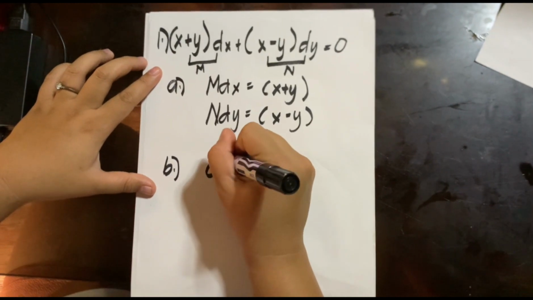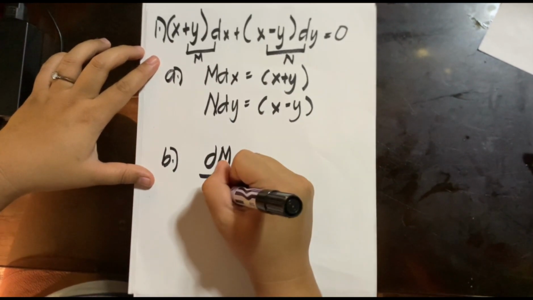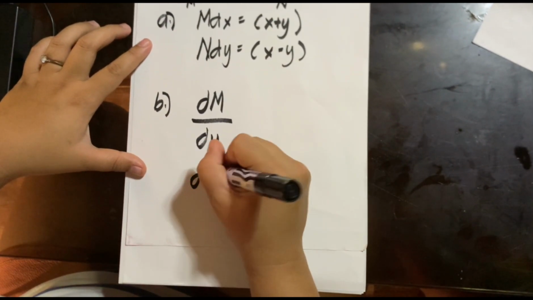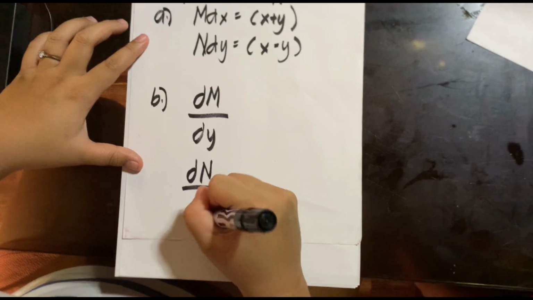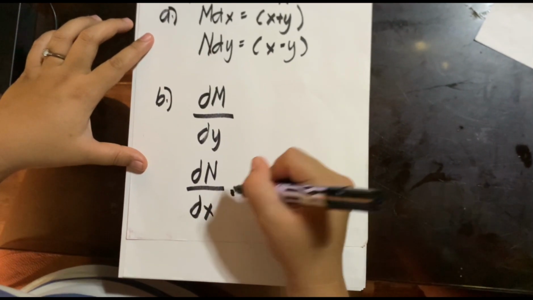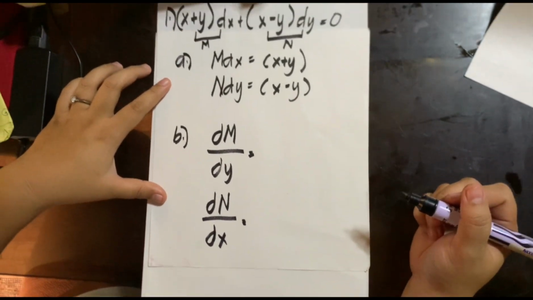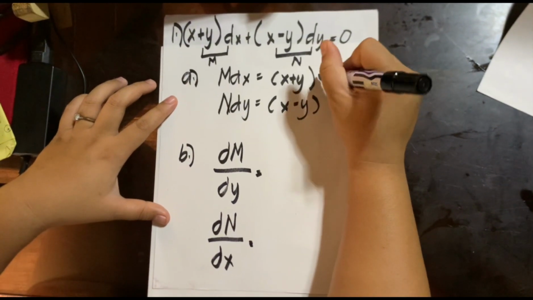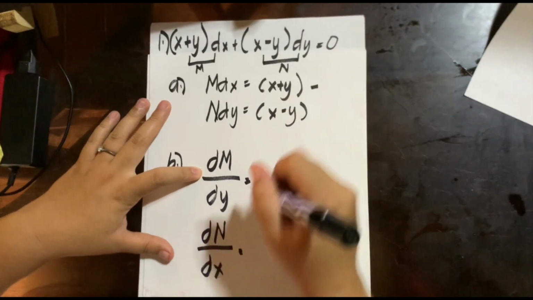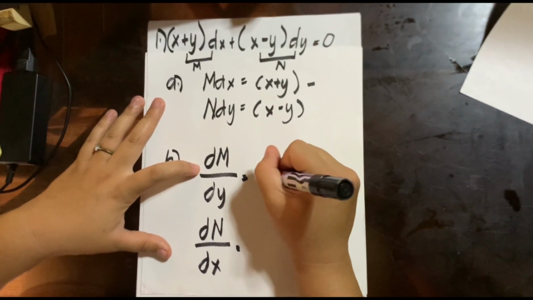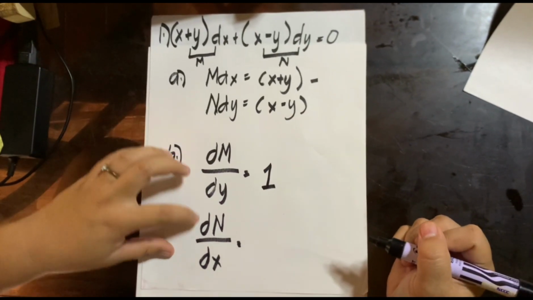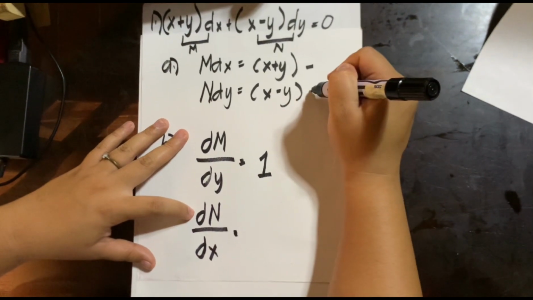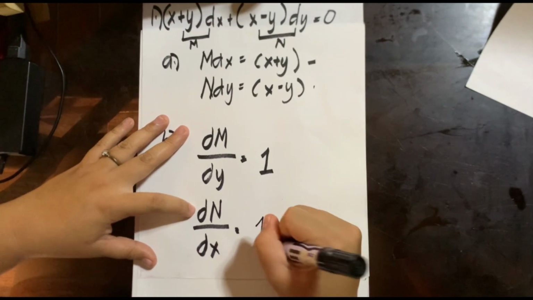We have here the partial derivative of M with respect to y, and the partial derivative of N with respect to x. We need to find these so that we can test for exactness of the equation. First, the partial derivative of M with respect to y is 1. How about the N dy? Our partial derivative of N with respect to x would also be positive 1.